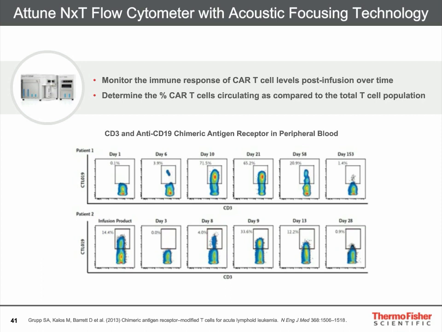On the top row, we see a very high abundance of CAR T cells, and at the final plot on the right at day 153, we see our CAR T cells have diminished. With the second row, we see a little bit different pattern. But again, it's very important to track that our cells are still present over time in our model.